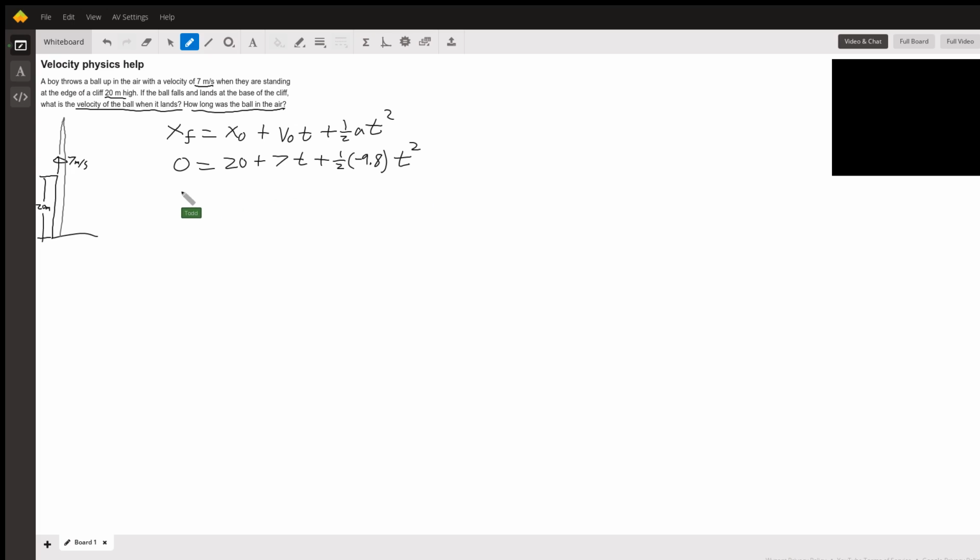Okay, and so we can multiply these together, and we get 4.9 t squared. We have something quadratic, and so when I solve this, I get two answers.